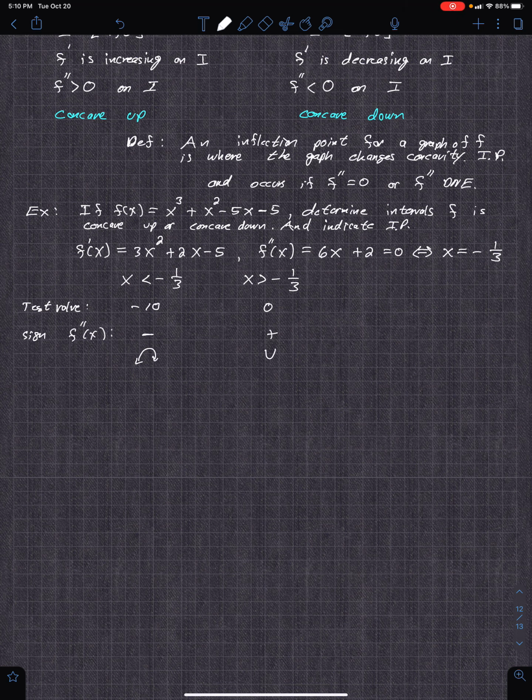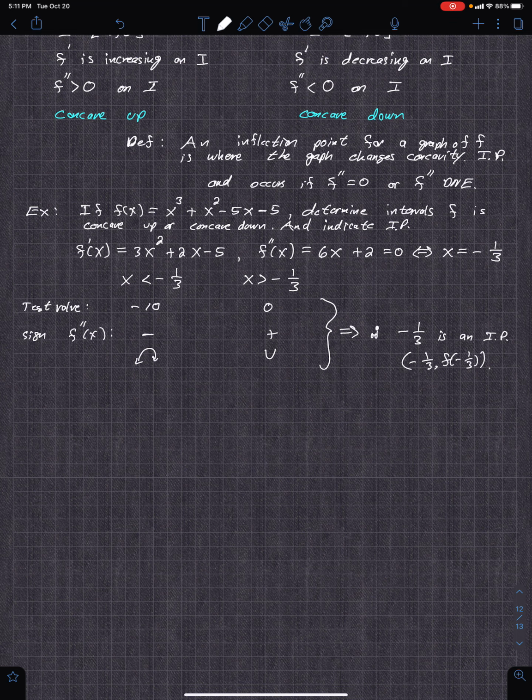So what that tells us here, therefore, -1/3 is an inflection point. And then the point is actually f of -1/3, but let's just leave it like that.